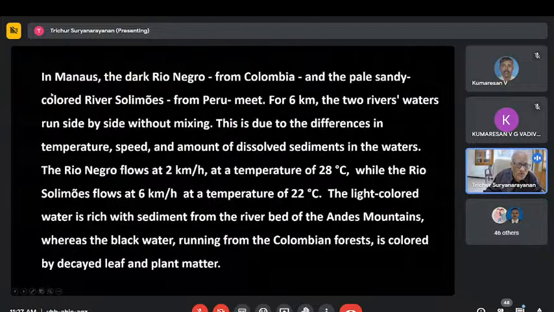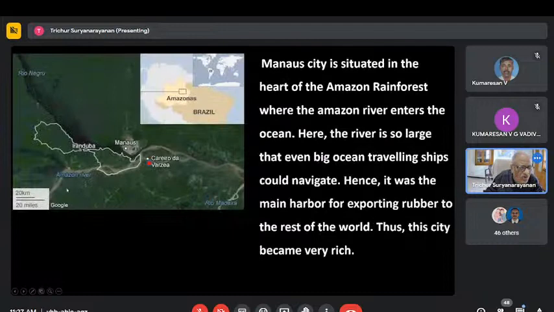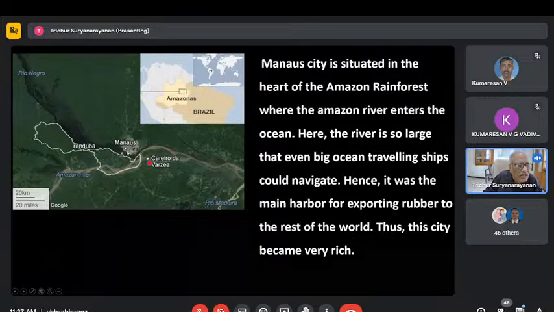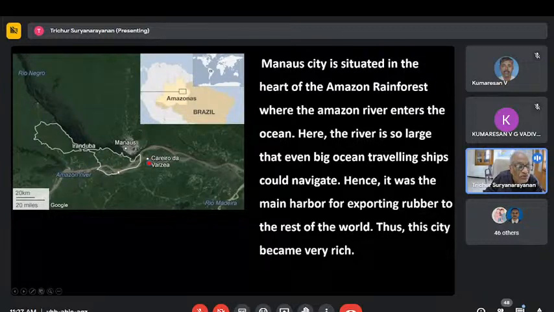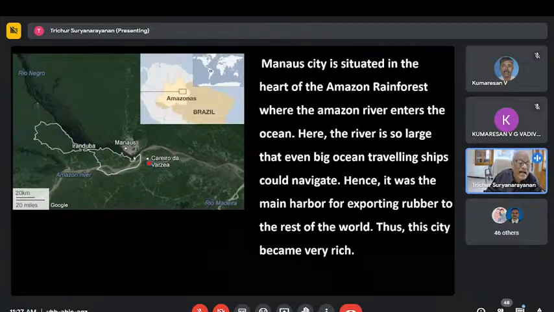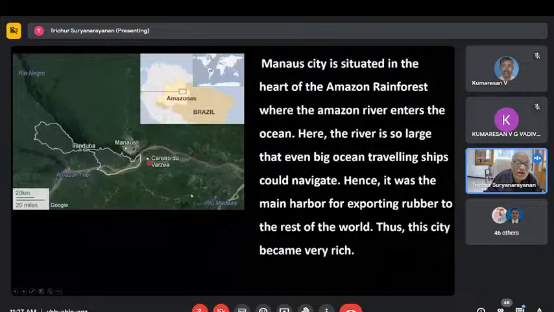Okay, so in Manaus, as I told you, remember there are two rivers. See here, this is called Rio Negro or River Negro, which is coming from Colombia, and this is another Amazon river called Solimões, which is coming from Peru. These two huge rivers will join in Manaus to become even more huge, and that is the major Amazon river.